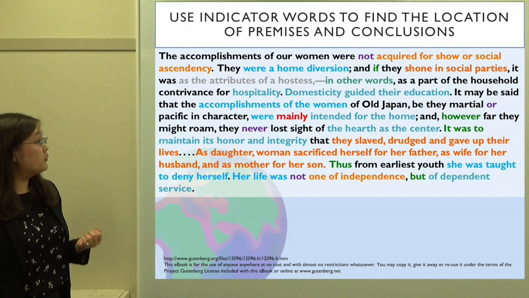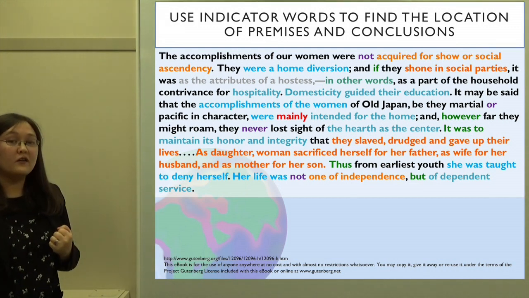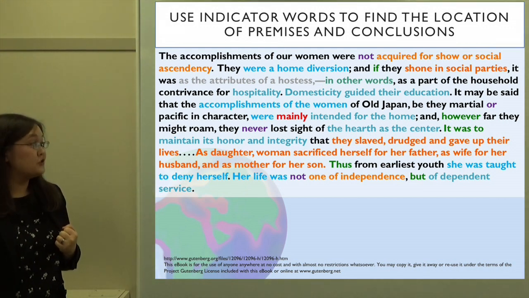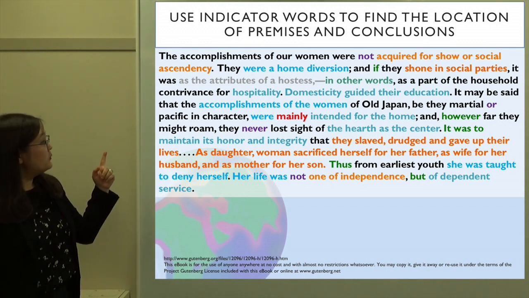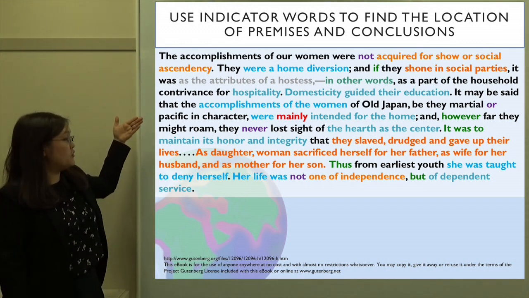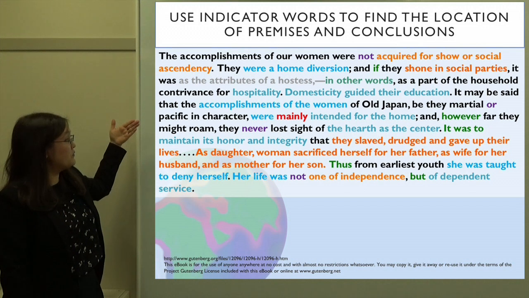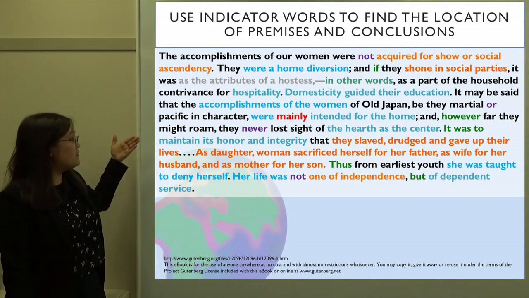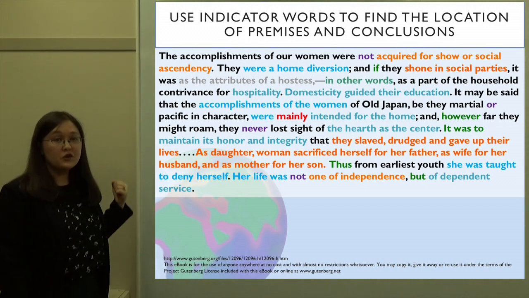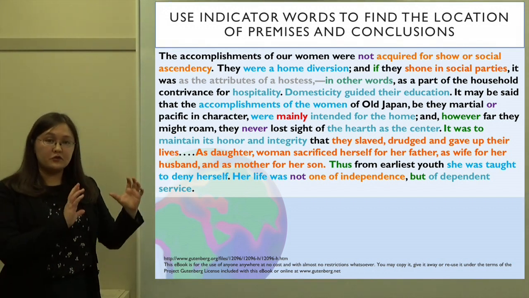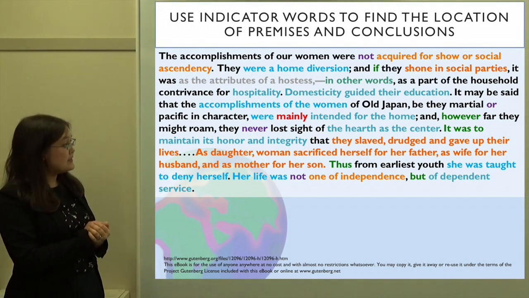Once we have the indicator words, then we can figure out where the premises and the conclusions are. So, for example, we have the word however. Then we have the hearth as the center. So whatever is after however will be the conclusion in that sentence.